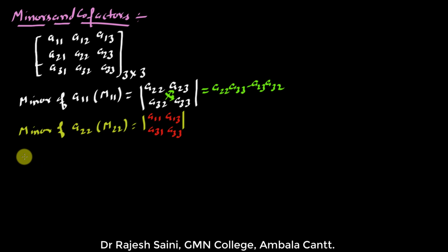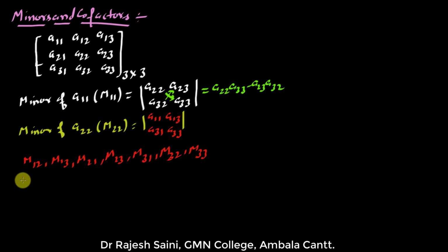Similarly, other minors like M12, M13, M21, M23, M31, M32, M33 could easily be determined. So that's how you calculate them.